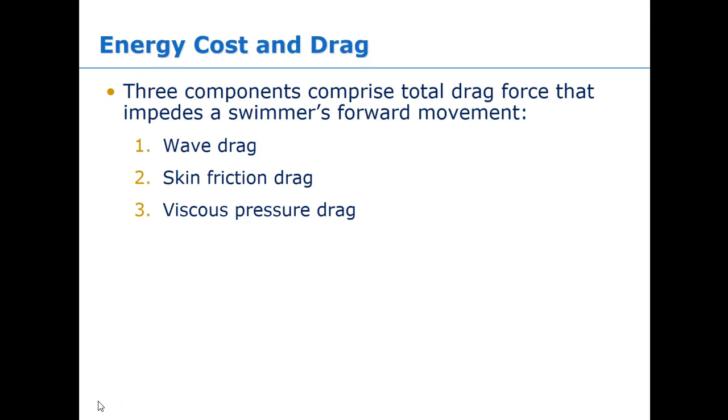There's also something called viscous pressure drag, and this contributes substantially to counter propulsive efforts of the swimmer at slow velocities. It results from separation of a thin sheet of water, which is called a boundary layer, adjacent to the swimmer. The pressure differential created in front of and behind the swimmer represents viscous pressure drag.